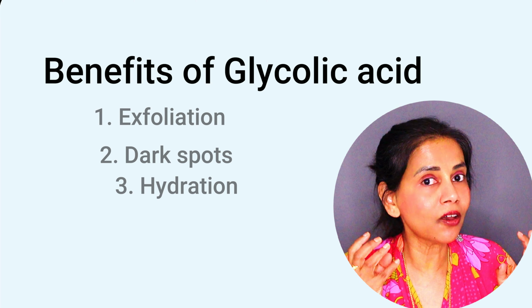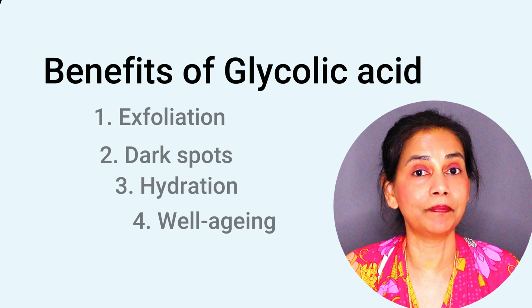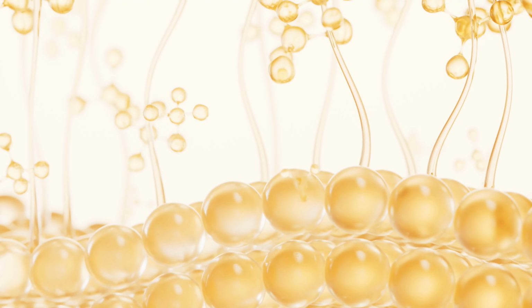Glycolic acid also has a small amount of well-aging benefit. Among all the alpha hydroxy acids, glycolic acid has the smallest size, and because of its smallest size, it can actually penetrate a bit deeper than a lot of other acids that we use in our skincare products. Because it can penetrate deeper, it can actually stimulate something called fibroblasts in the deeper layers of the skin.